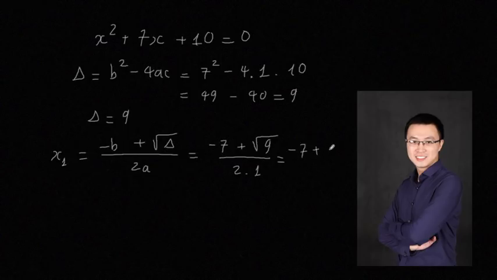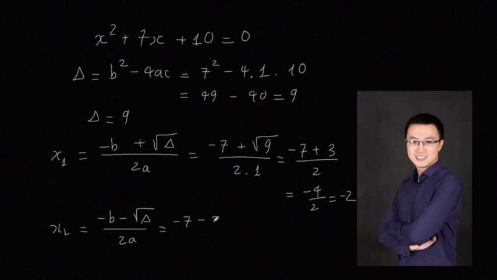Negative 7 plus 3 is negative 4, divided by 2 equals negative 2. The other one is x2, minus b minus square root of delta, divided by 2a. Negative 7 minus 3, divided by 2, you get minus 5.